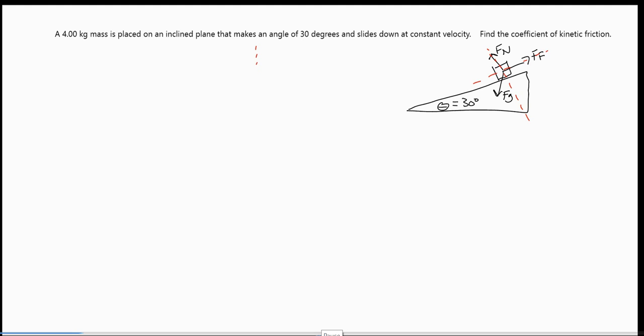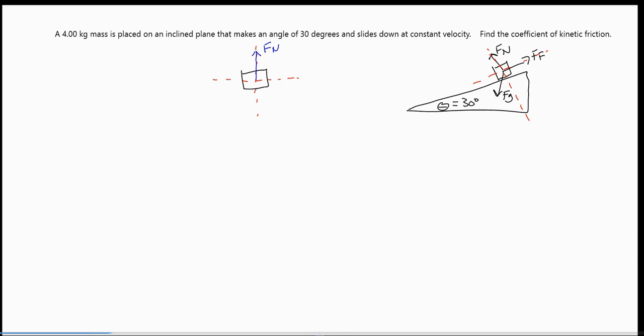Now we're going to choose our axes to be parallel for our x-axis and perpendicular for our y-axis, that is, parallel to this plane and perpendicular to this plane. So over here I'm just going to redraw the axes, placing them directly up and down, as if I've rotated it so it's easy to look at.